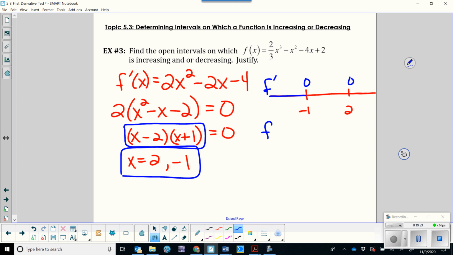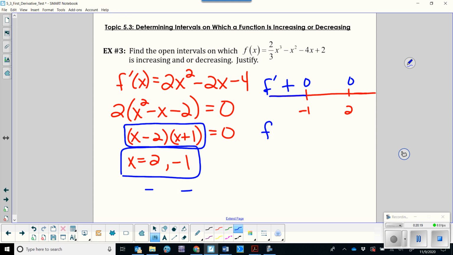If I plug negative 2 into x minus 2, that's negative 2 minus 2, that's negative. Don't write down negative 4 or try to do the arithmetic. All I care about is that's negative. Negative 2 plus 1, the second factor that we have there, is also negative. And it's a negative times a negative, so that means it's positive in here.